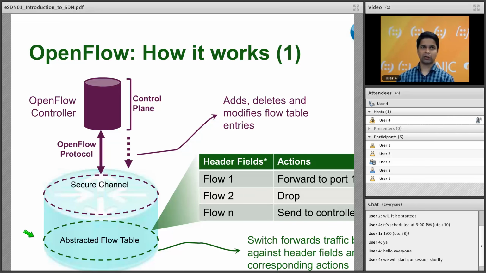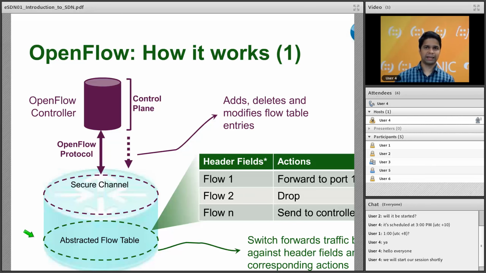So let's look at how OpenFlow works in routers and switches. As I said, the OpenFlow controller is responsible for adding flows to the flow table and also deleting or modifying them. There are a few approaches to do so. The first one is the reactive one.